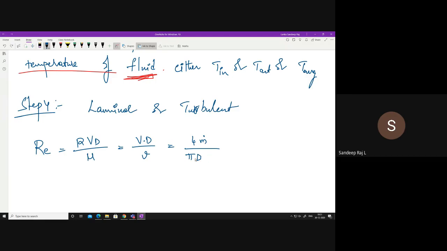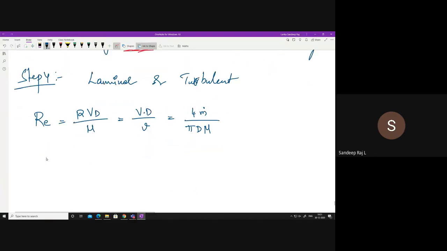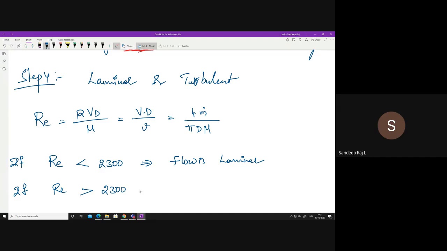Any one of these you can take. If Reynolds number is less than 2300, the flow is laminar. If Reynolds number is greater than 2300, the flow is turbulent. That is step 4.